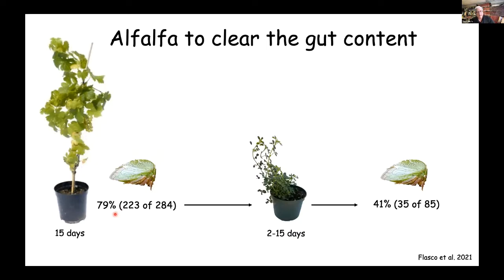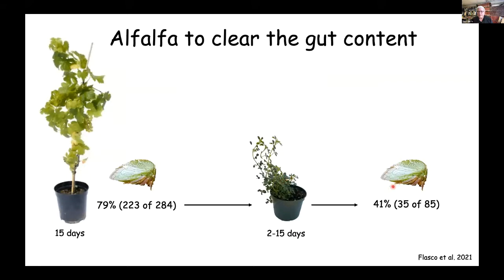But then, we expose a population of insects for an extended time on an infected vine, and move them to alfalfa for extended days again, to clear their guts. In other words, the insect that acquired the virus will continue feeding when we put them on alfalfa, but all the virus load in the gut will get ejected, and only those that have the virus in the salivary glands will be detected.